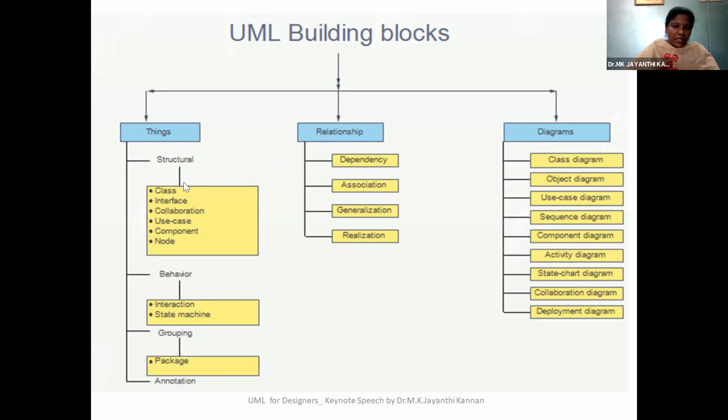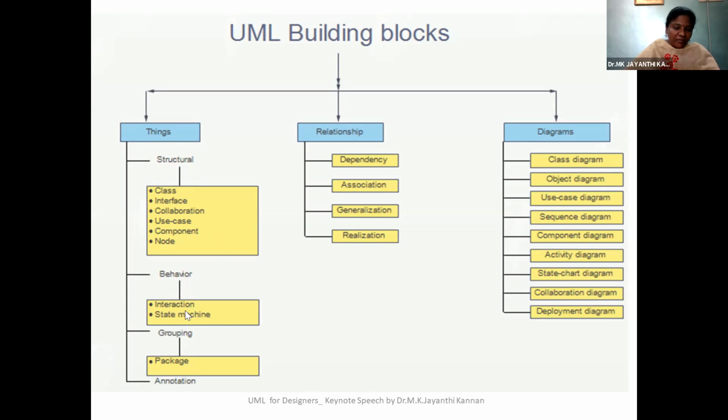Structural means the building blocks. If you create any object-oriented program, the major structural components are classes, interfaces, collaborations, use cases, interactions, components, and nodes. So in structural things, we have 6 structural elements.